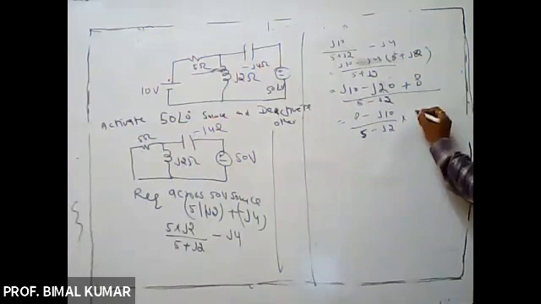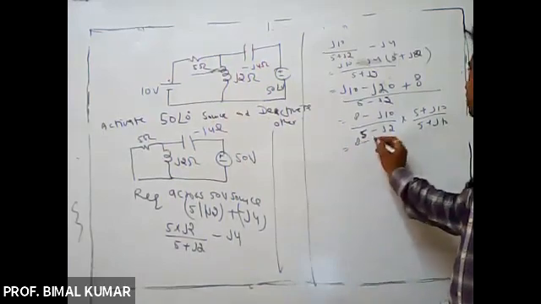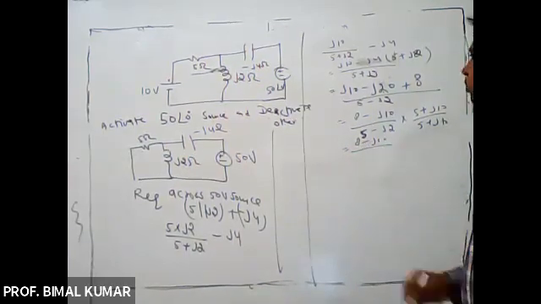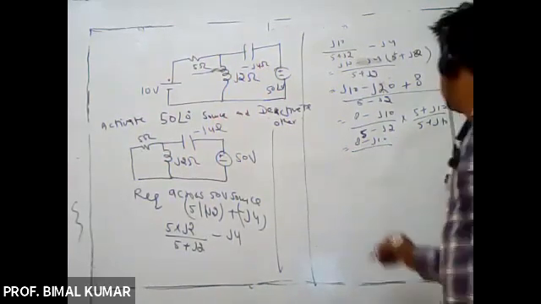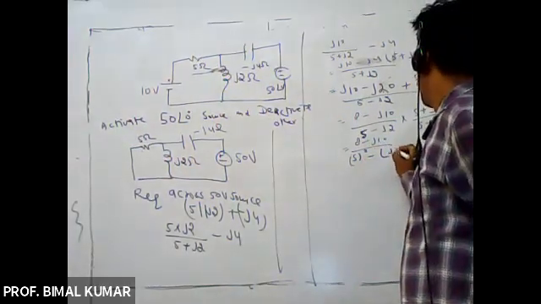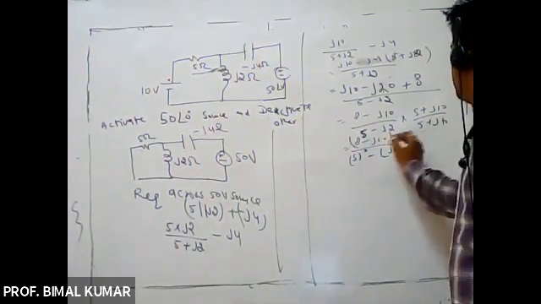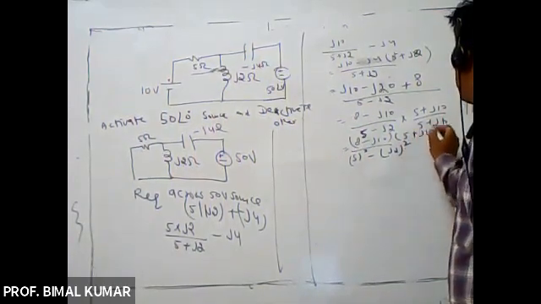So just multiply and divide by 5 plus j10 divided by 5 plus j10. So this will be 8 minus j10 divided by 5 square minus j2 square, into 5 plus j10.